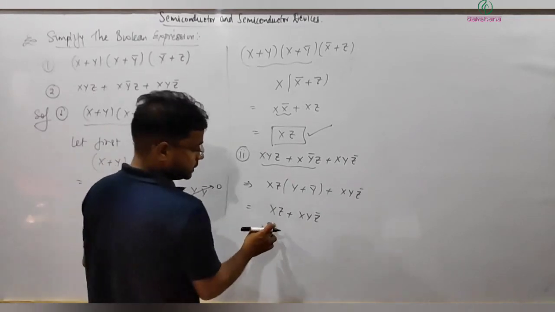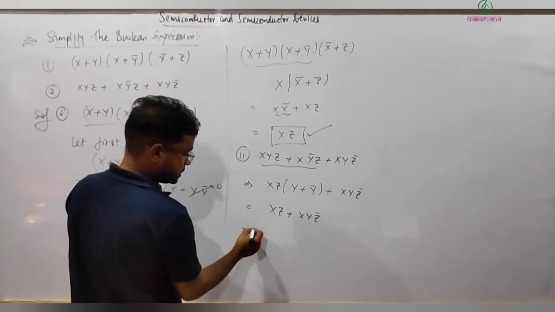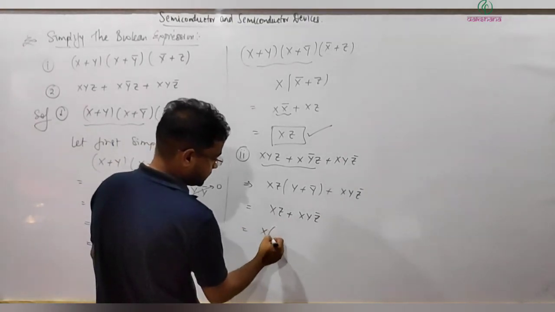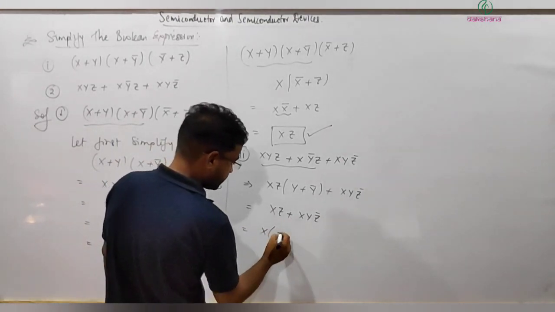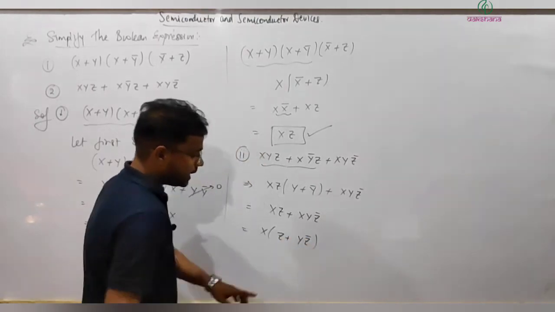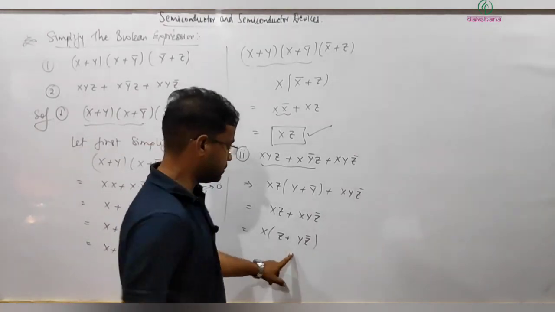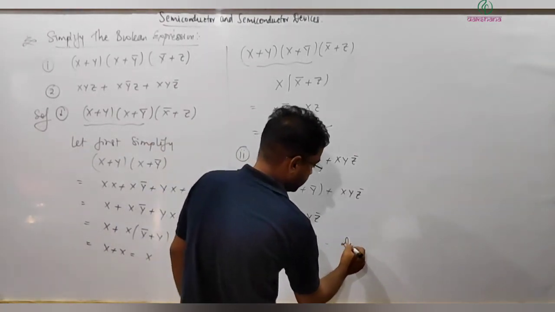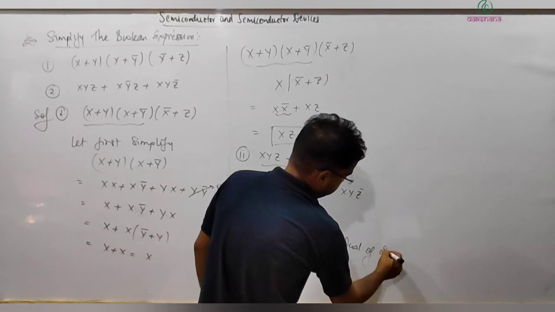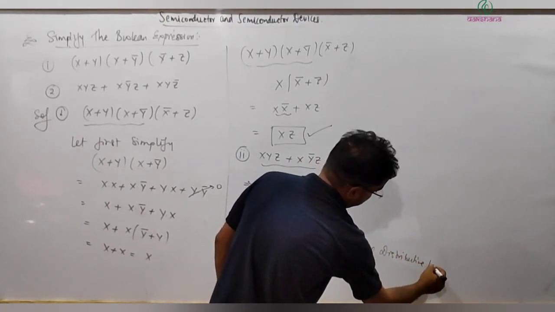Now what we can do here, in this I can take x out first, then it's x(z + yz'), and here I can use the dual of the distributive law.